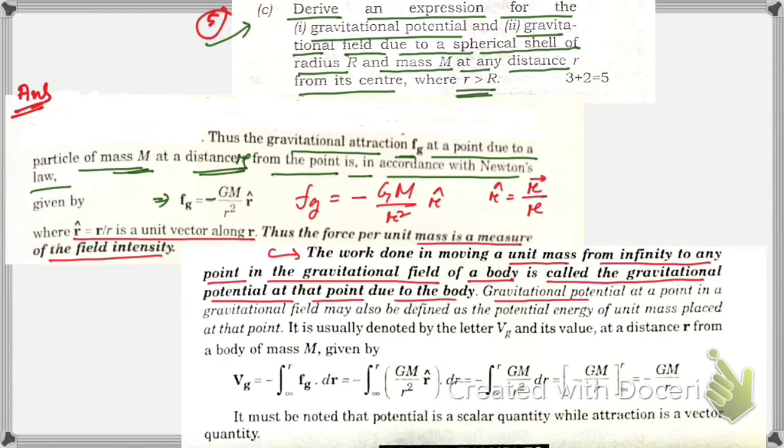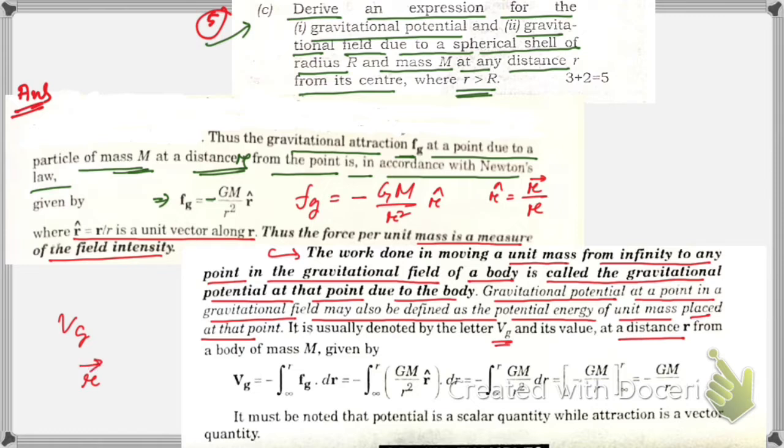Gravitational potential at a point may also be defined as the potential energy of the unit mass placed at that point. It is usually denoted by small Vg, and its value at a distance r, where r is written bold, you will write r vector.